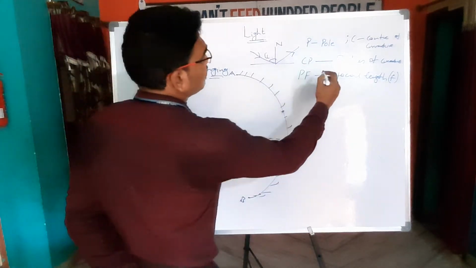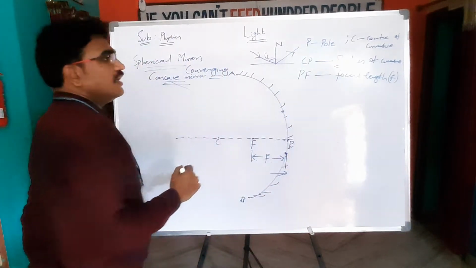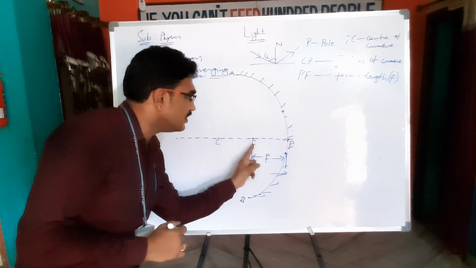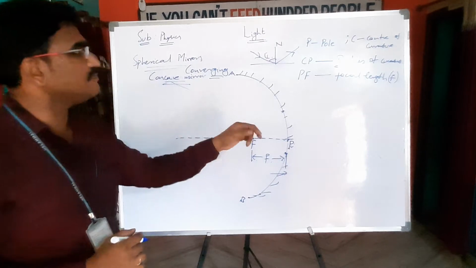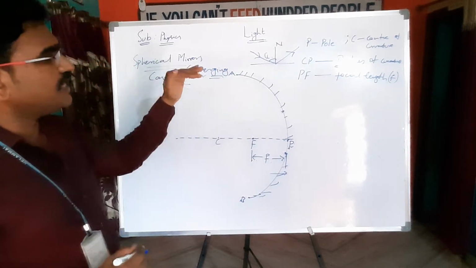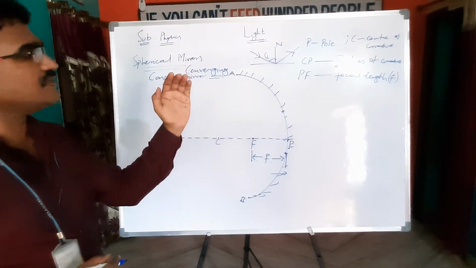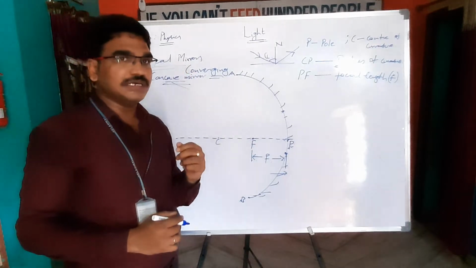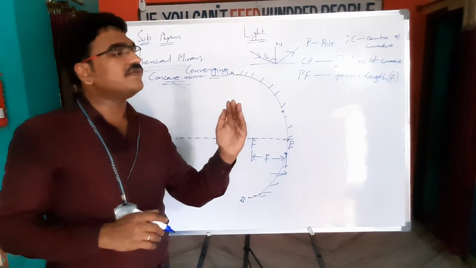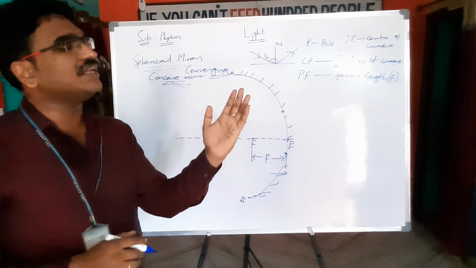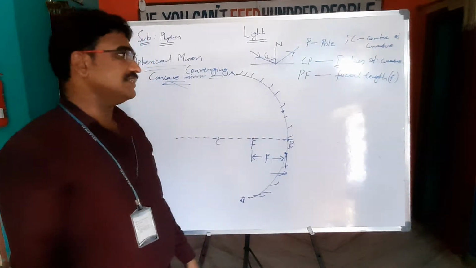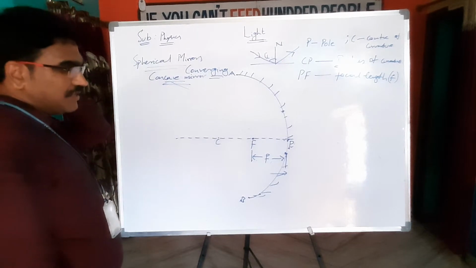And PC is nothing but the radius of curvature, capital R. This focal length, the distance from this point to this point, depends upon the radius of curvature. When the radius of curvature changes, the focal length also changes. There is a relation between radius of curvature and focal length. That we want to discuss now.